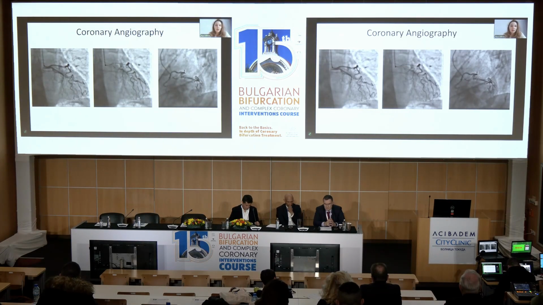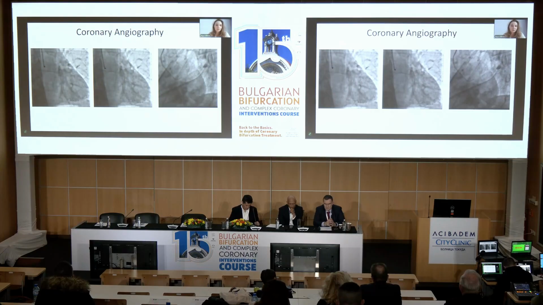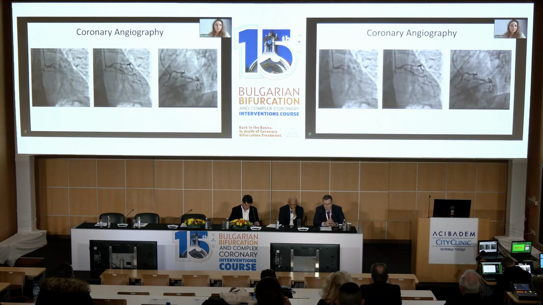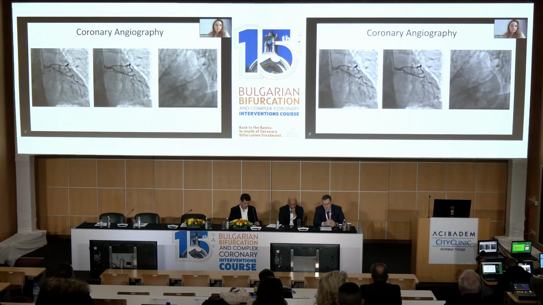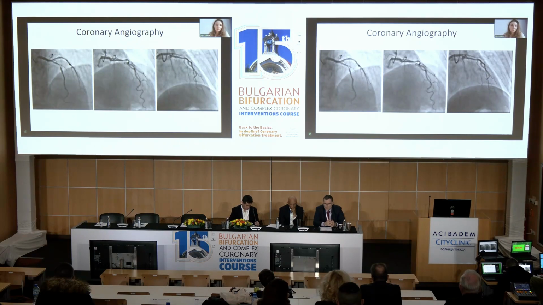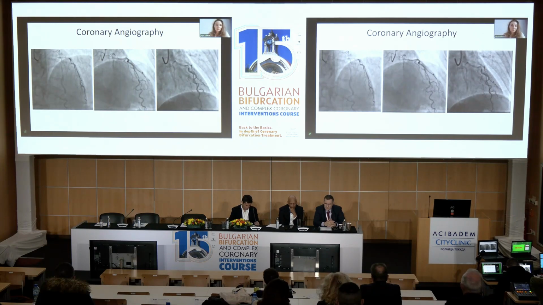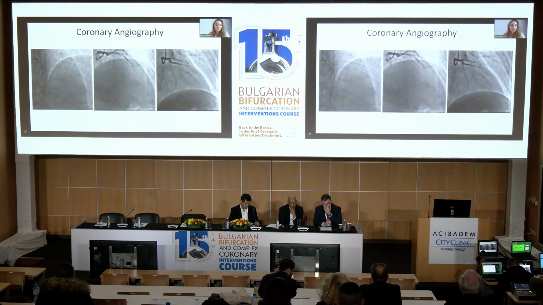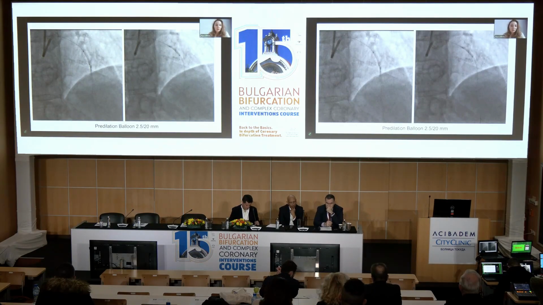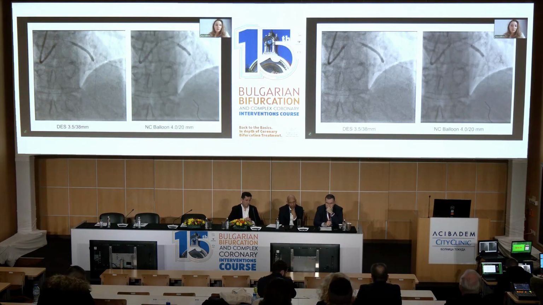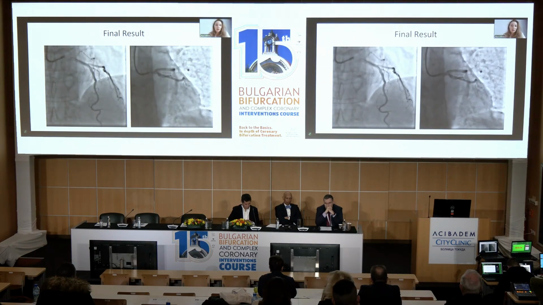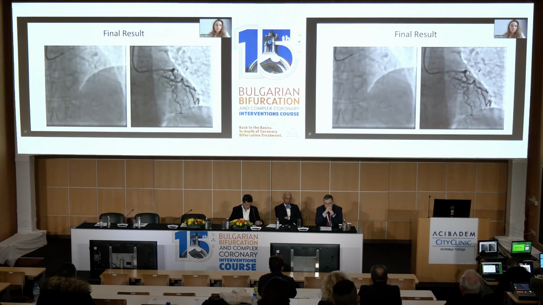So inside the cath lab, we did predilation and then stenting; you see that the length of the stent is exactly the same as the lesion length from the CT, then post-dilation with non-compliant balloon, and this final result.